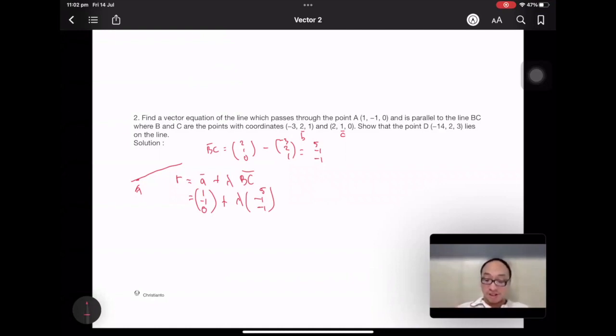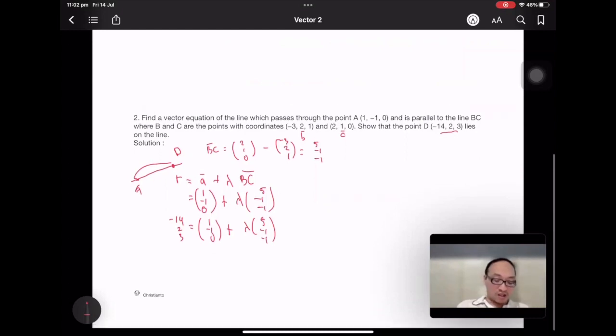Show that the point D lies on the line. To prove that D is on the line, we can express AD as a multiple of the direction vector. So I can put D as the coordinate -14, 2, 3 equals 1, -1, 0 plus lambda 5, -1, -1.